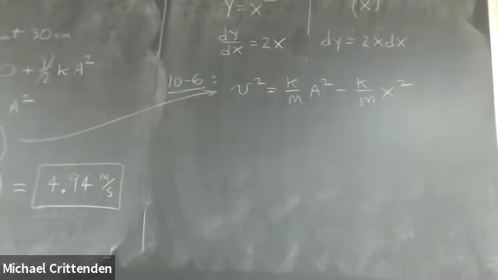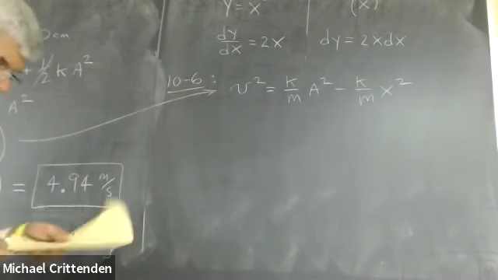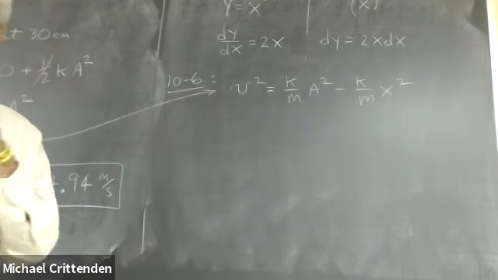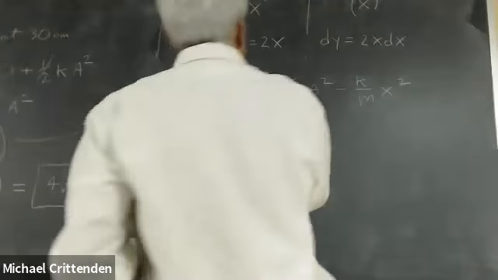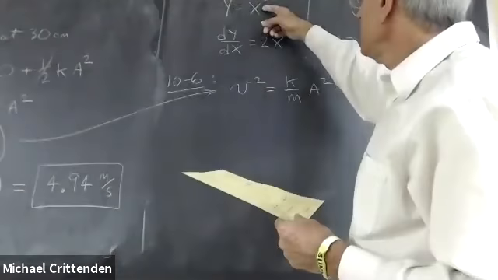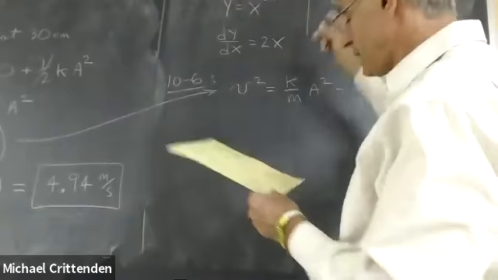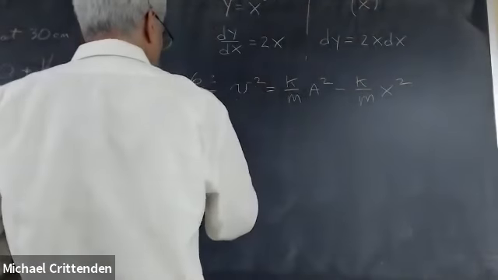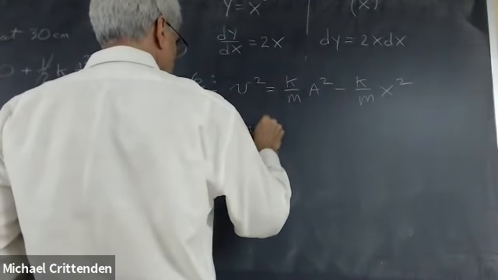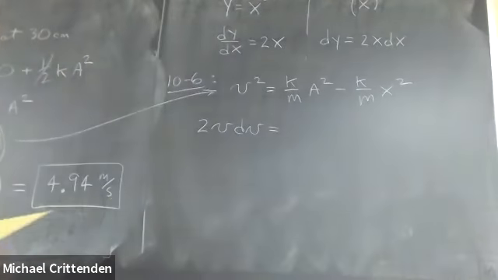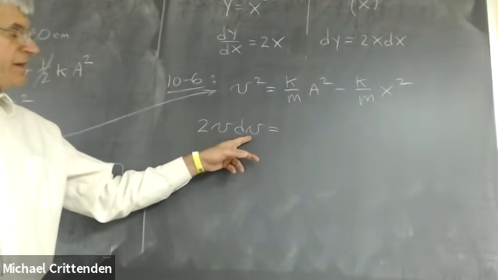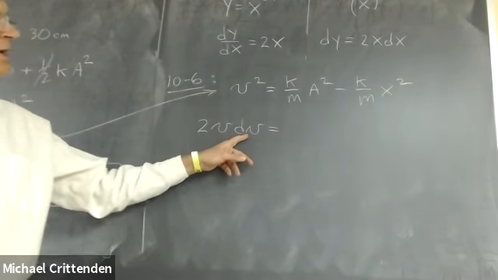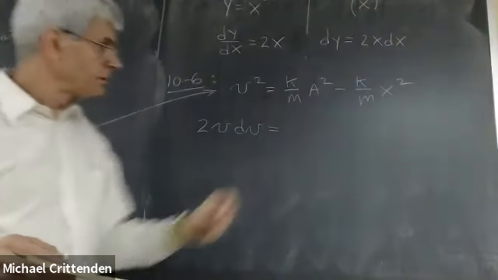I just distributed the k over m because I liked it better that way. Here's where we take the differential. Just like I did with x squared, only now it's a v instead of an x. We've got two v dv. The dv comes from the chain rule, like I was saying back up here.